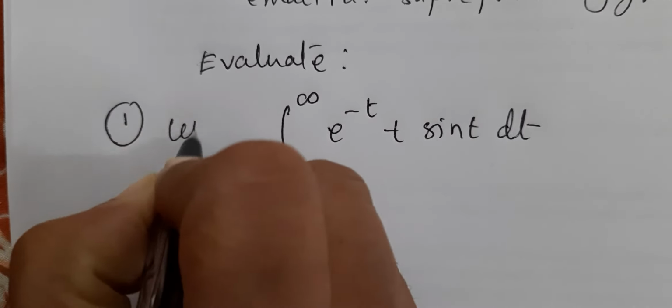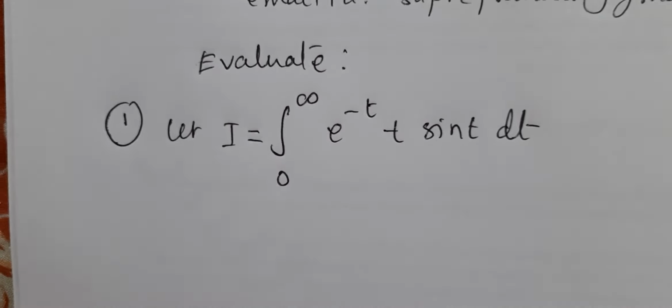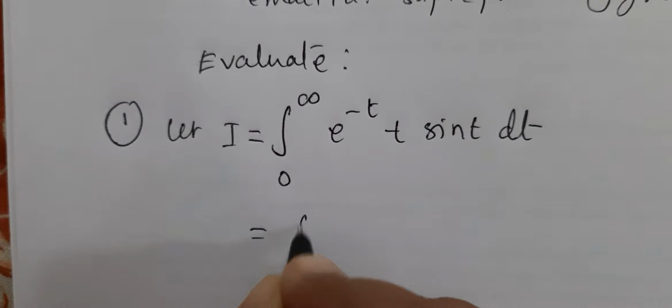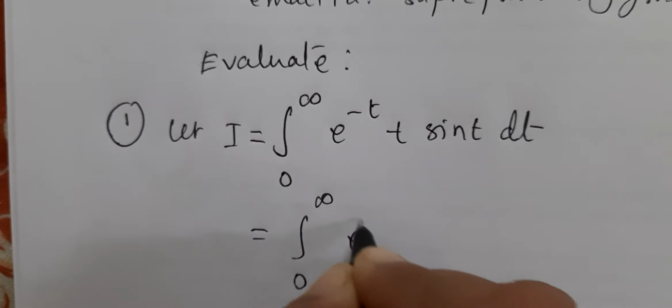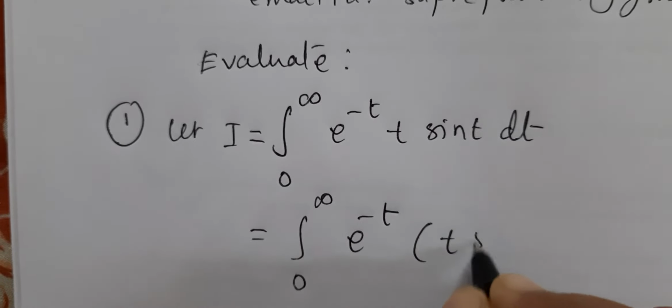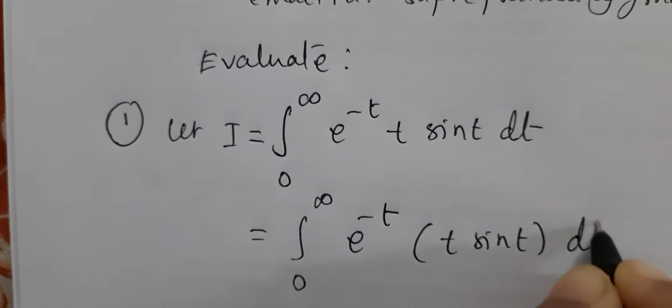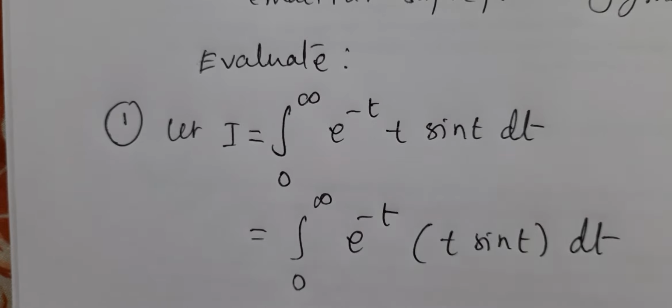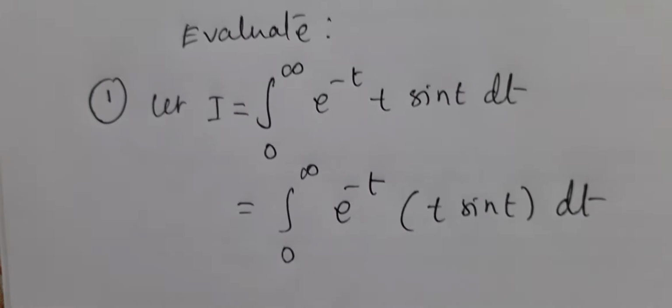Initially I will call this integration I, and my first step will be to write e separately and write all the rest of the terms together. Maybe there are 100 terms, but write e separately and the rest together.